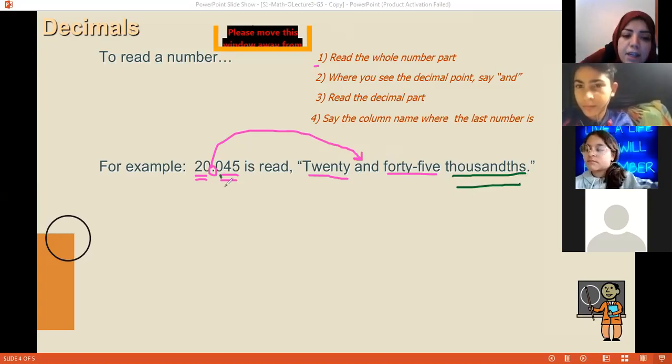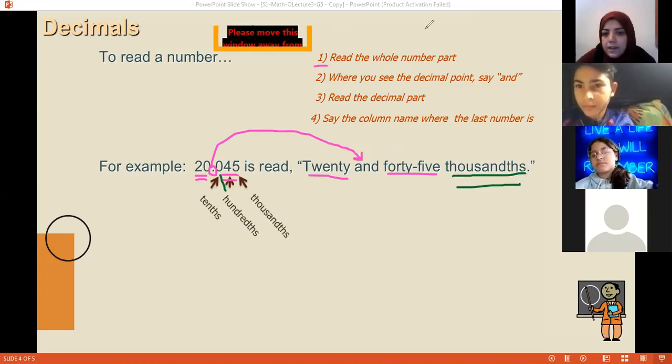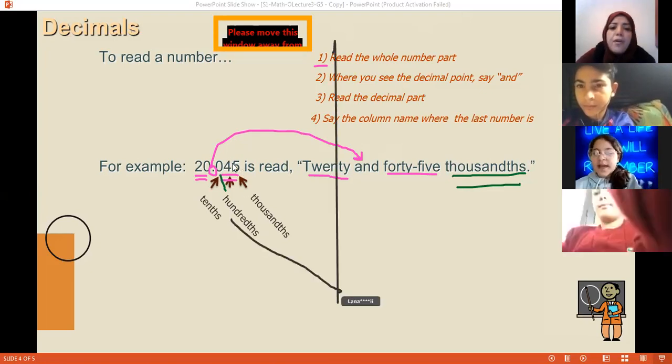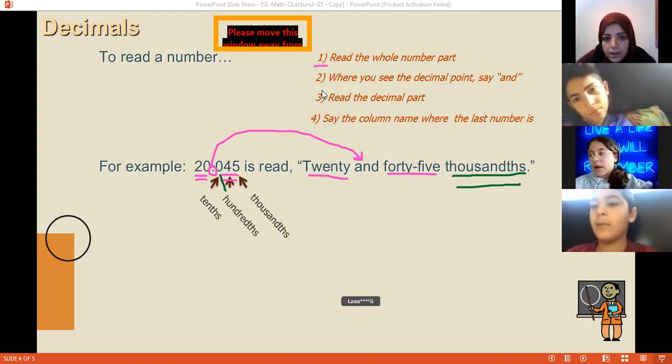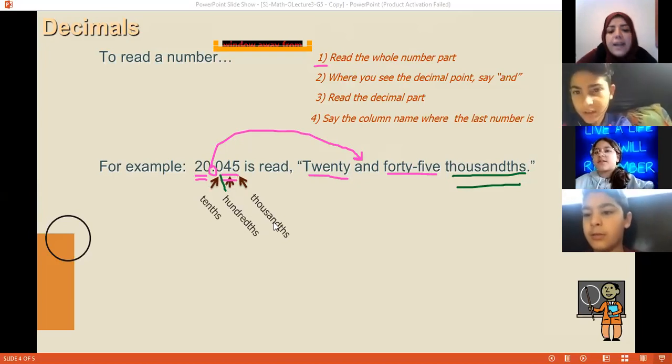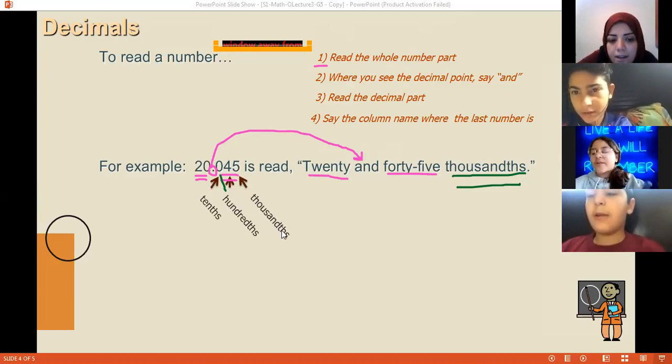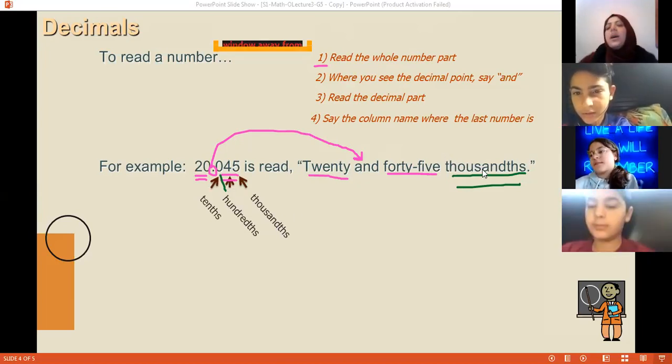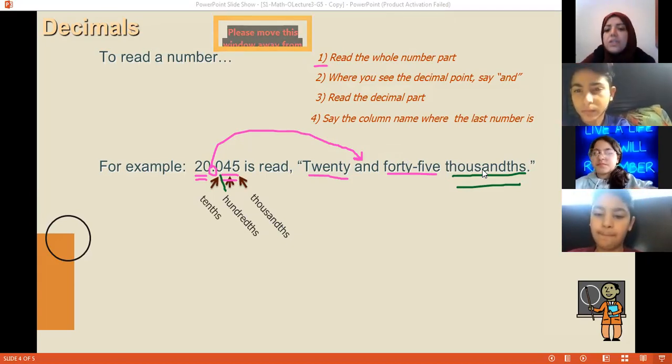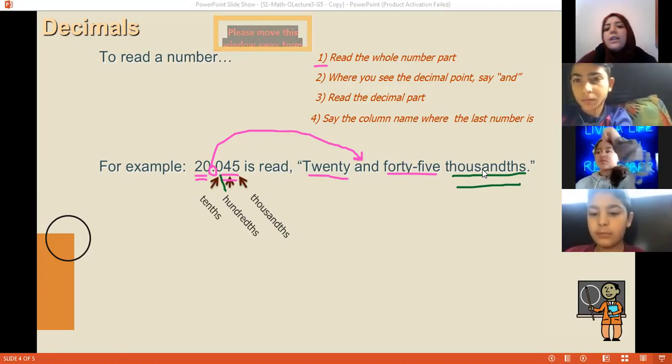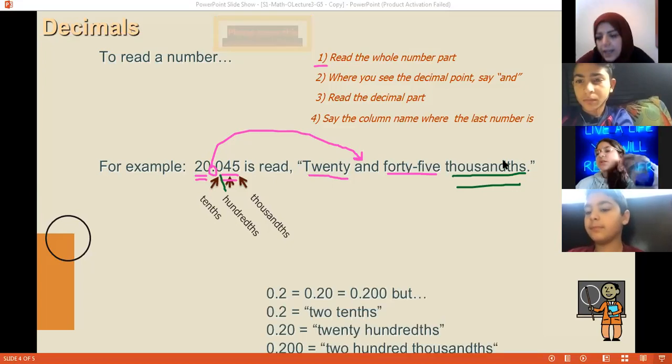So the 0 is tenths, the 4 is hundredths, the 5 is thousandths. I write thousandths because I reached the thousandths. Okay?